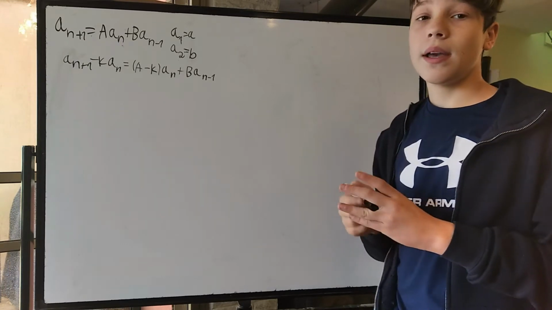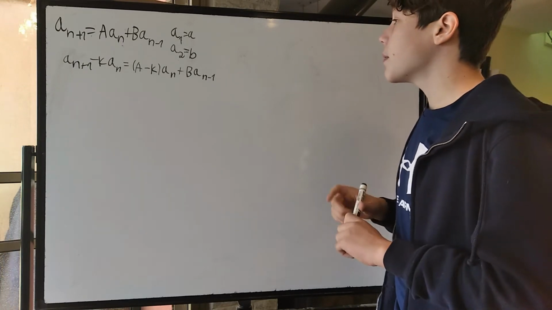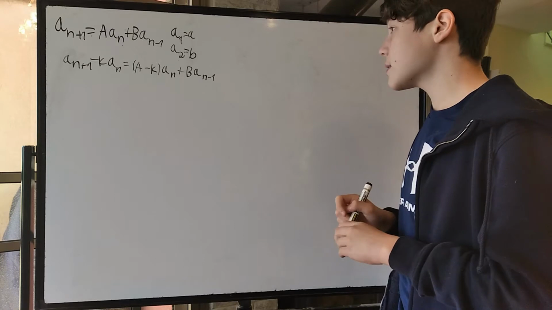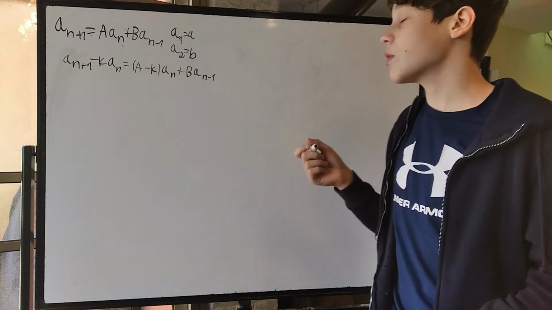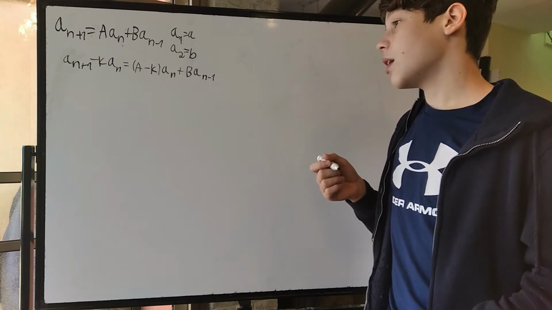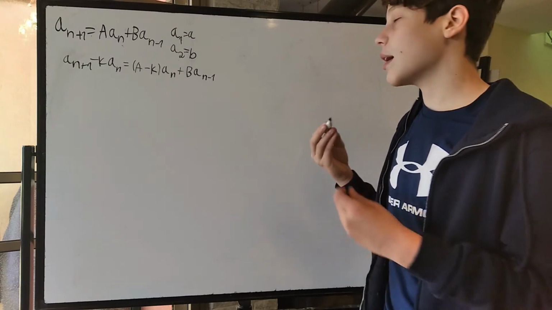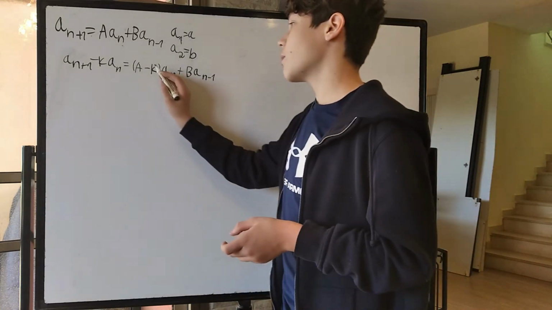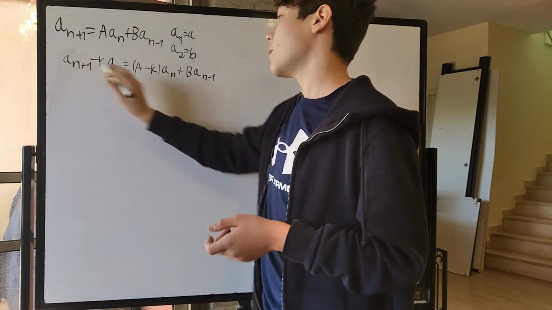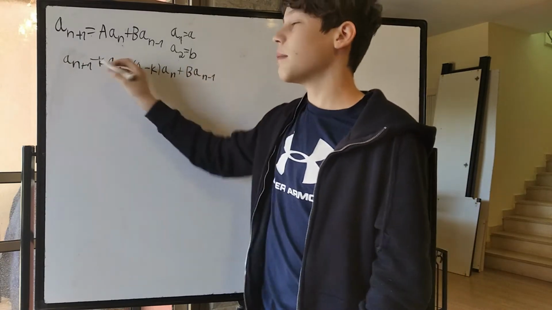And you'll soon see why I want that. But let's first of all see what property k has to have for this to be the case. So we need to have the ratio (A minus k) divided by 1 is equal to B divided by minus k.